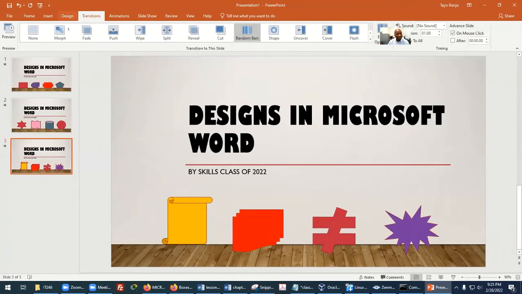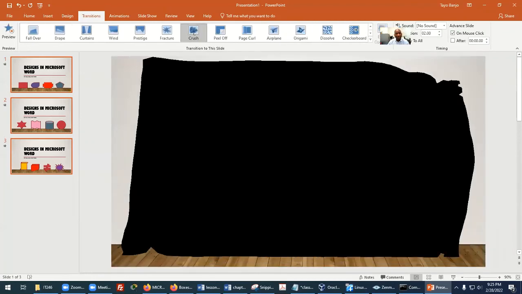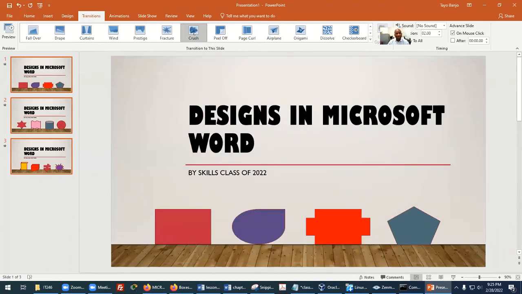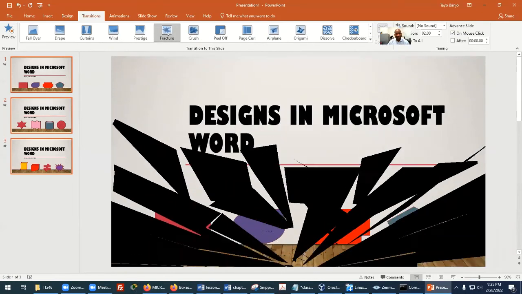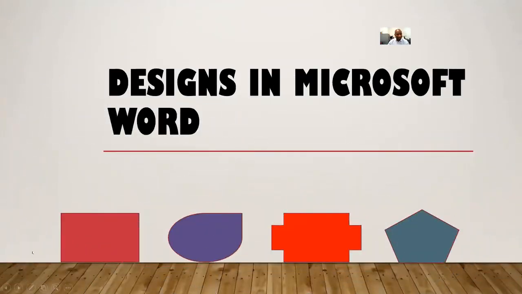Go back to transitions and say, how about, let's see here. Crush, yikes. Fracture, let's try fracture. So slideshow from the beginning, look at that, boom.